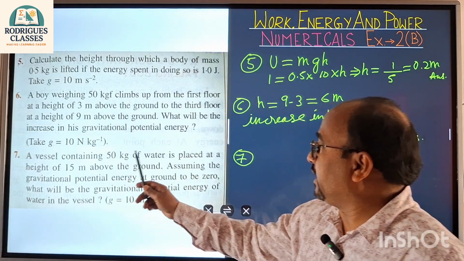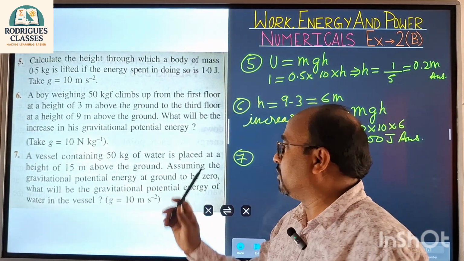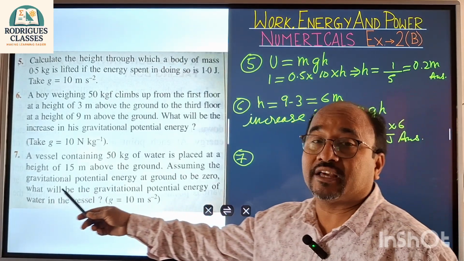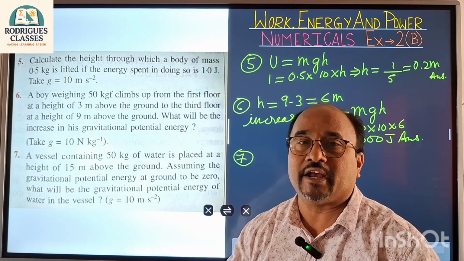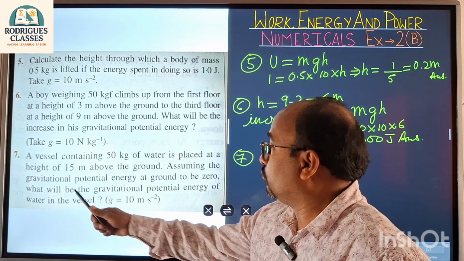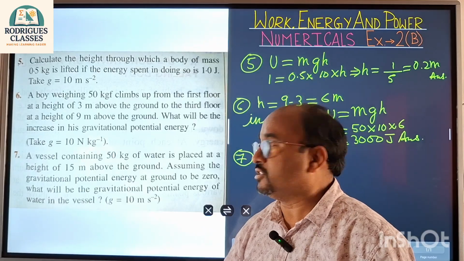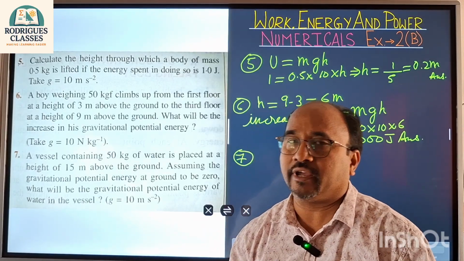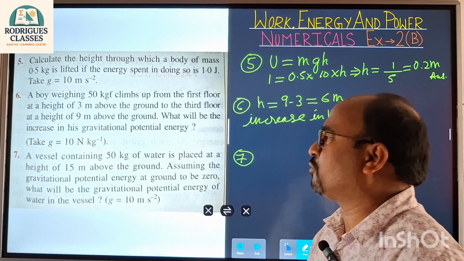A vessel containing 50 kg of water is placed at a height 15 meter above the ground, assuming the gravitational potential energy at ground to be 0. So the surface we are taking as 0. What will be the gravitational potential energy of the water in the vessel? g is 10 meter per second square. Again, a very direct formula sum. So we have to find the potential energy.